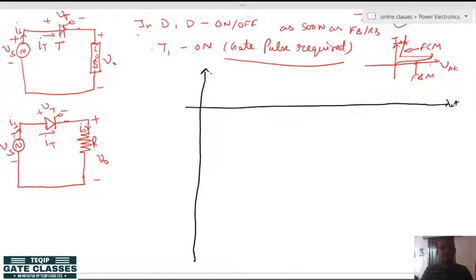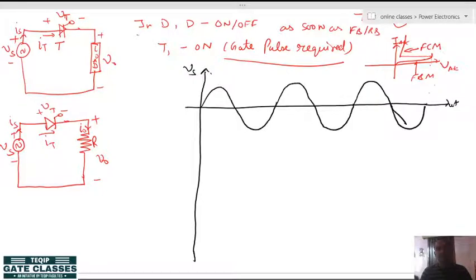So this is the source voltage here. It's very simple. The only difference between the uncontrolled and controlled ones is that in controlled rectifiers the circuit will be connected if and only if the gate pulse is given to the device, meaning to the SCR.